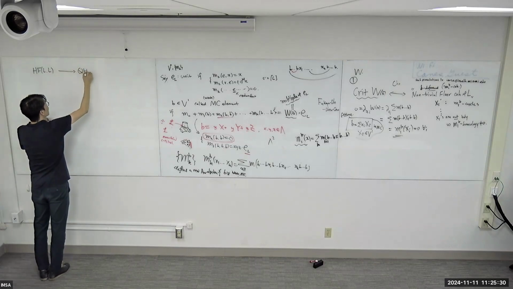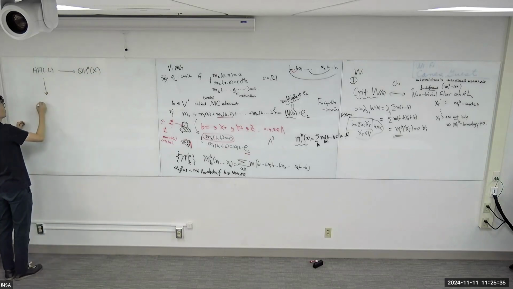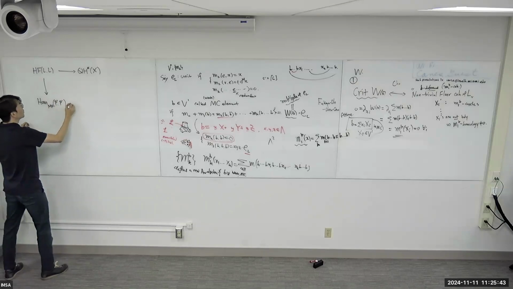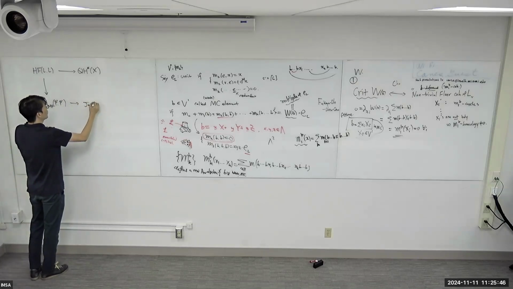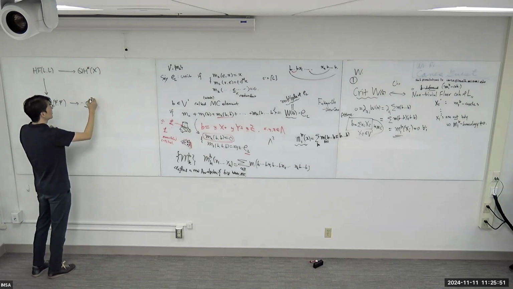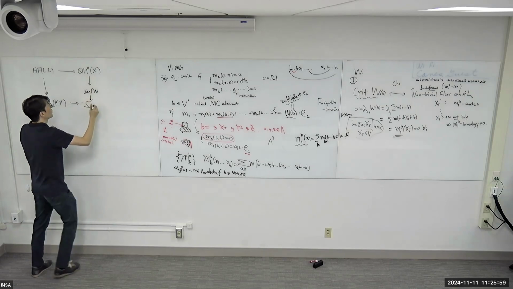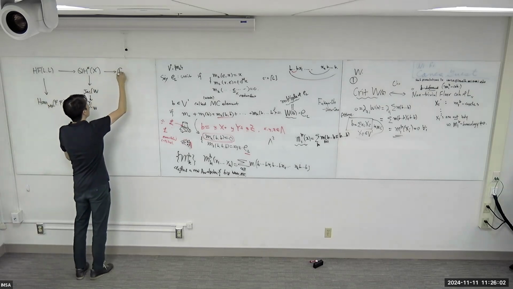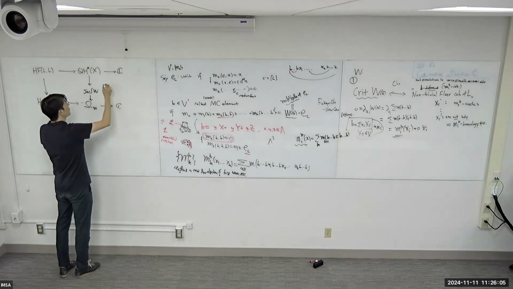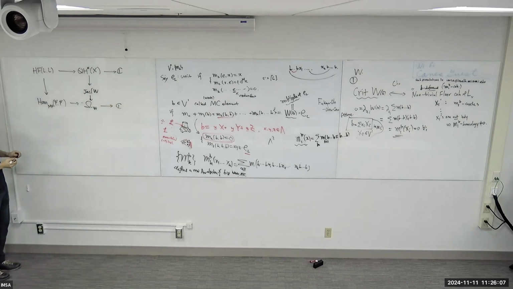I want to explain this diagram. This omega f, W you see as a global function.